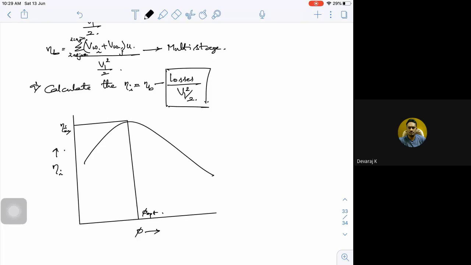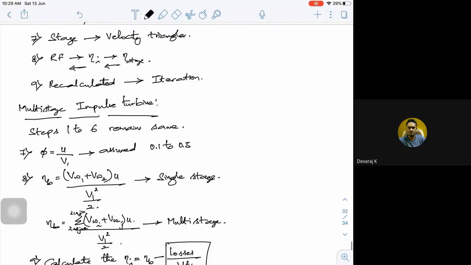So let me write that also: your blade and internal efficiency can also be calculated using enthalpy changes.